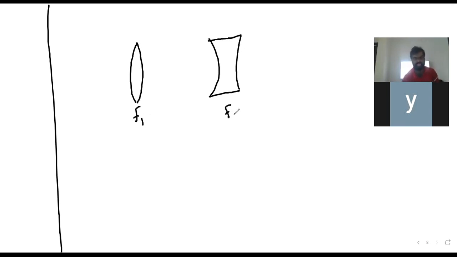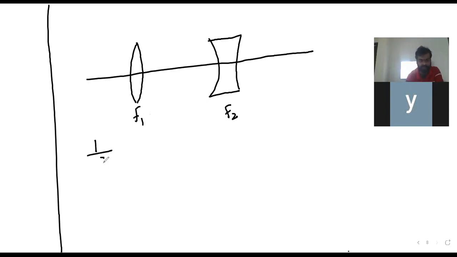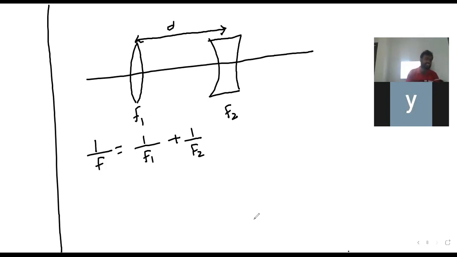This formula will be applicable whatever the lens is: either f1 may be concave or convex, and f2 may be concave or convex. Then I need to find the resultant focal length: 1 by f1 plus 1 by f2, and let us consider d is the distance between the lenses.